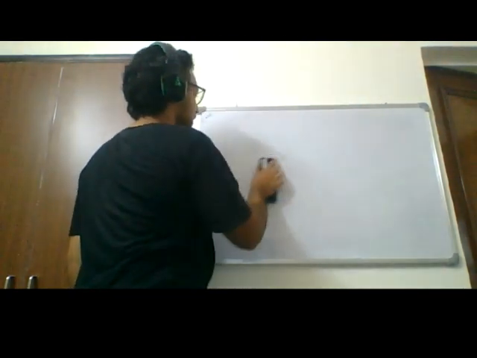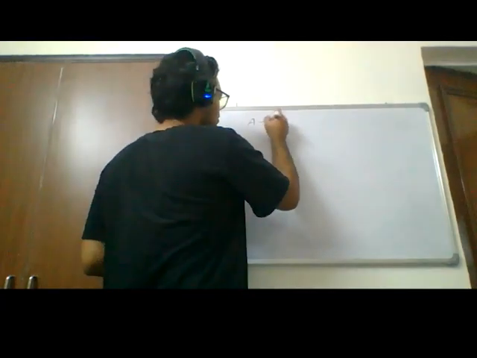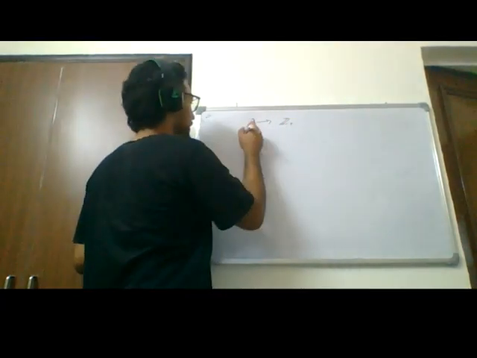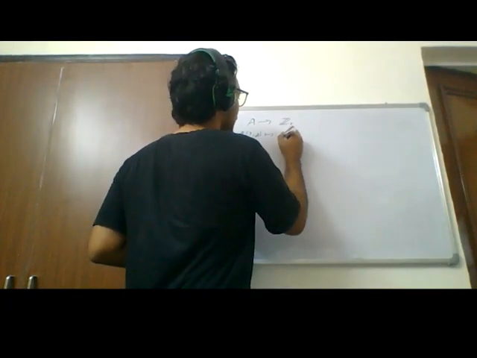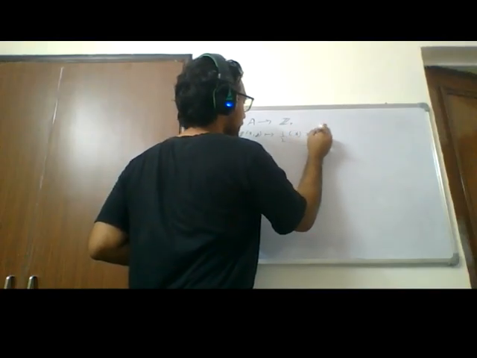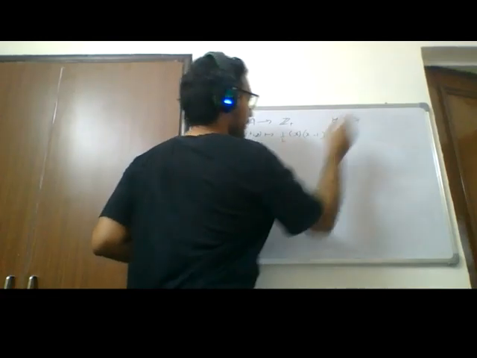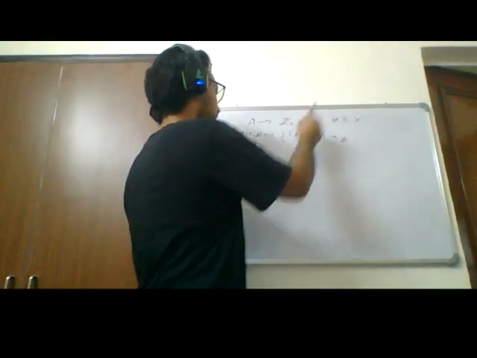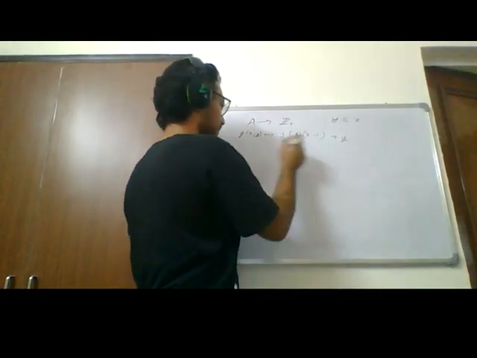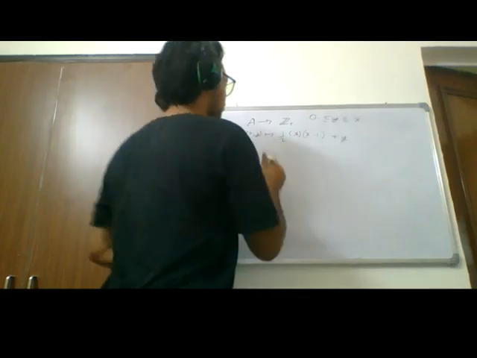Okay, now we have a map from A, which is that set, to Z plus. And it was defined as g of x comma y goes to half x, x minus 1 plus y, right? And keep in mind y is less than or equal to x, right? Okay, so plug this in here. What do we get? y is in Z plus, so greater than or equal to 0, plug it in here.